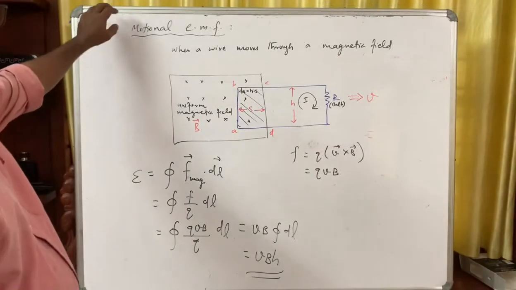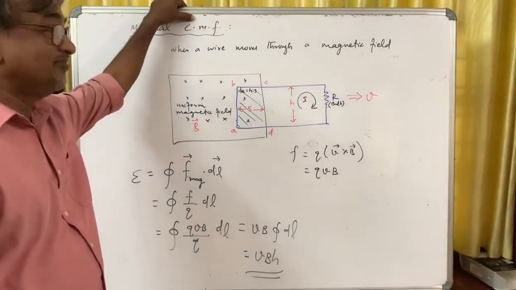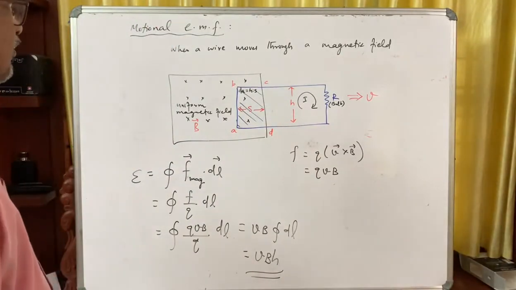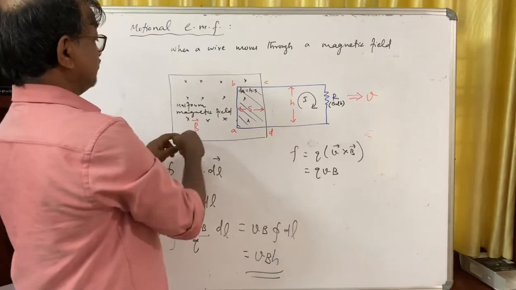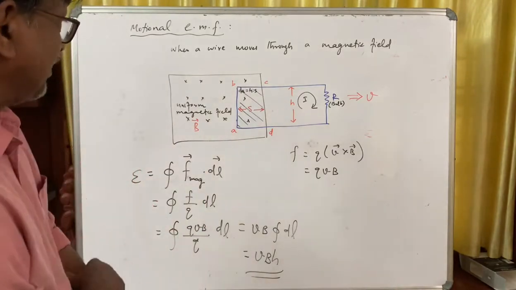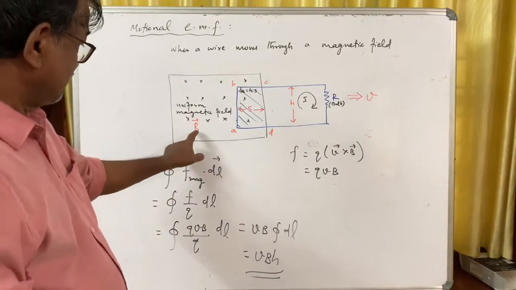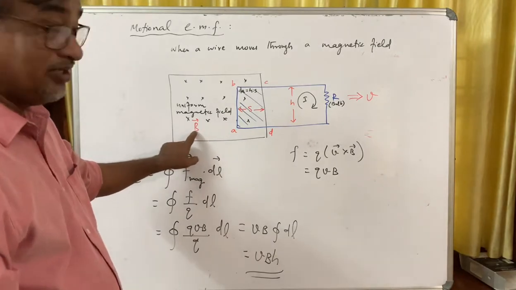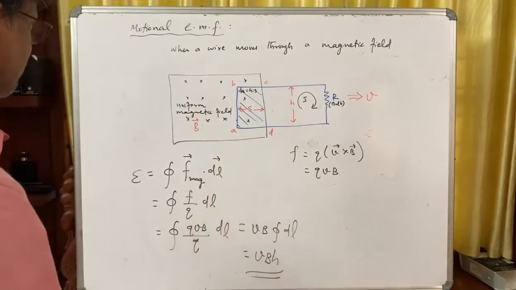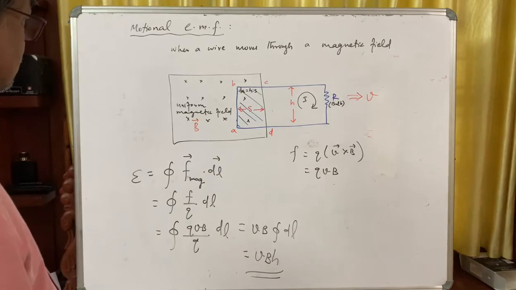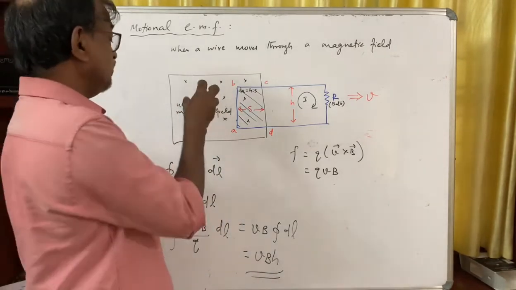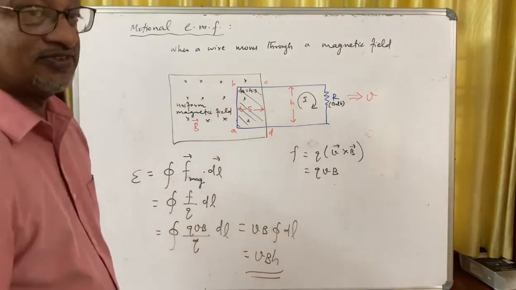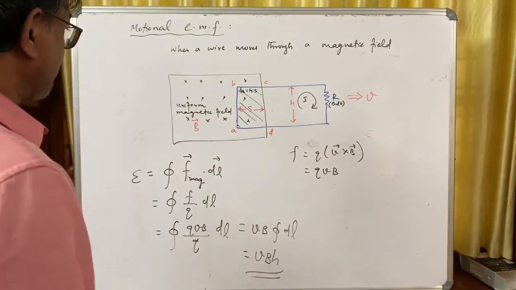Now we consider what is meant by motional EMF. For this, consider this black box as representing a uniform magnetic field B. This arrow indicates that the magnetic field is acting towards the plane of the board.